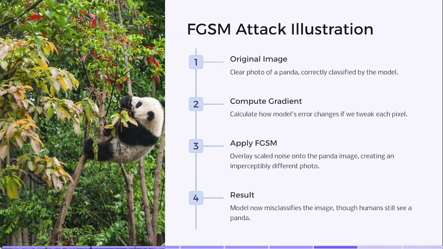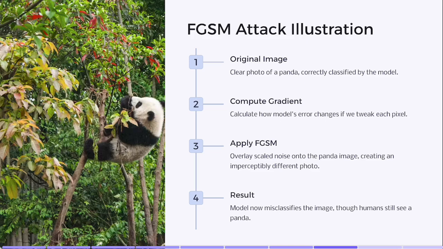Let's walk through a quick scenario. Suppose we have a clear photo of a panda, classified correctly by the model. That's the original image. We compute how the model's error changes if we tweak each pixel. And then we get a sign, positive or negative, plus or minus for each pixel. And we multiply each sign by a small value, say 0.007. That's epsilon scaling.